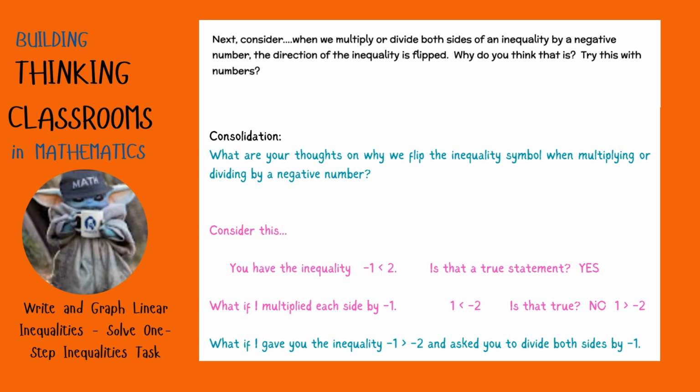They will see that when you multiply or divide by a negative number, it's altering what was the largest number, which is now going to be the smaller. So this helps make a connection with kids so that it's not just, hey, this is a rule that you need to remember. They can actively see what is happening to these numbers when they divide or multiply by a negative number.